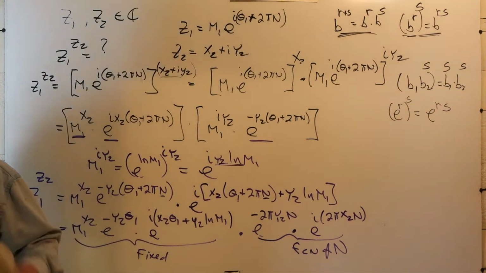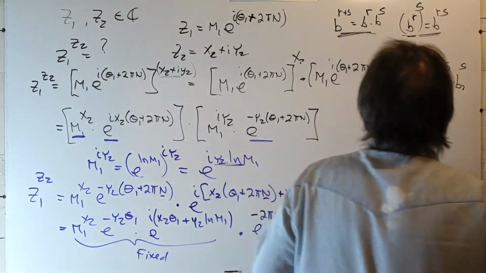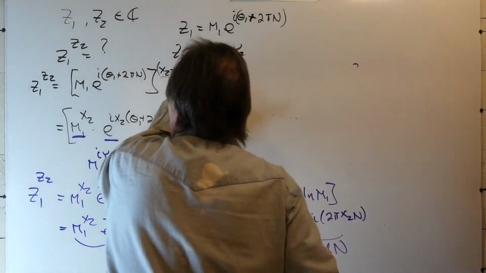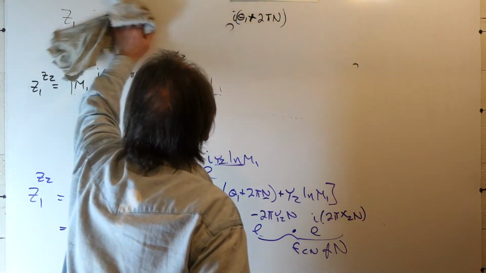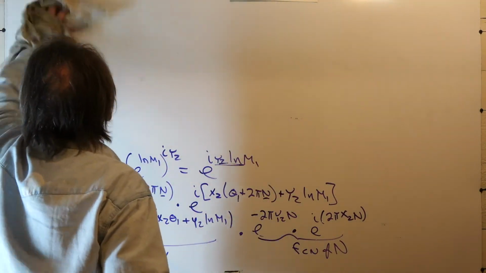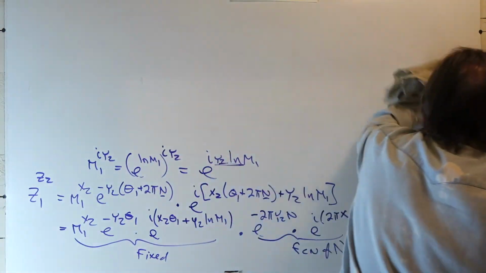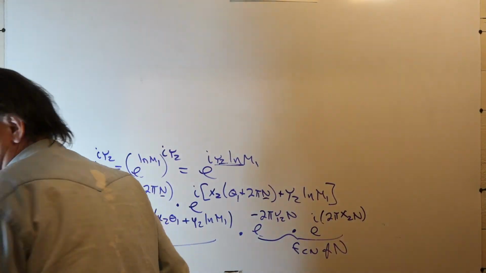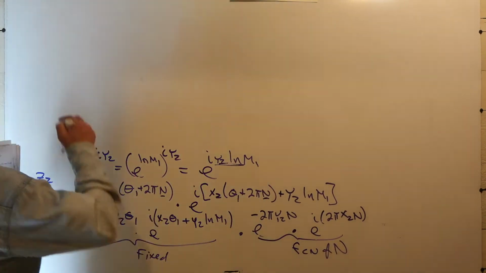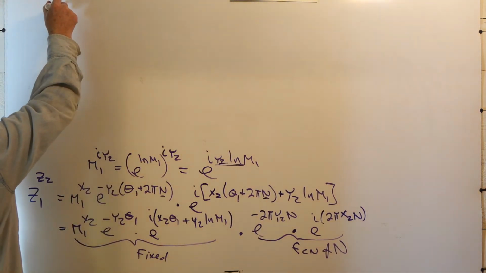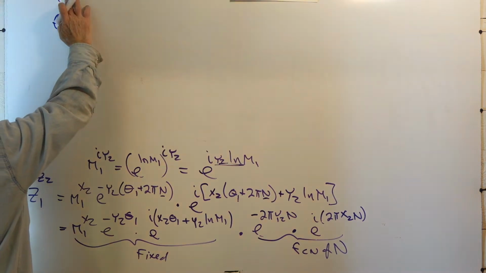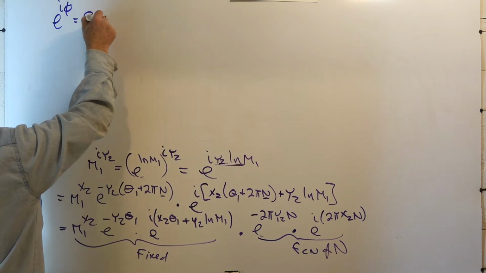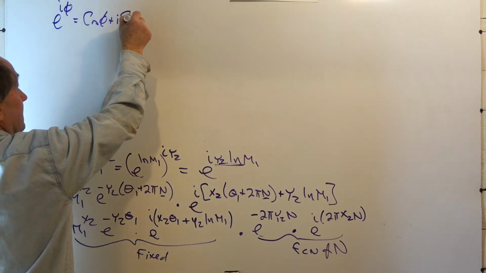Now we can also represent this in another form using a trigonometric form. And we get there by using the exponential form and easily converting by using Euler's identity. Remember, Euler's identity is e to the I phi is cosine phi plus I sine phi.